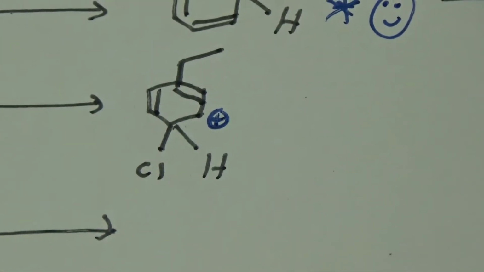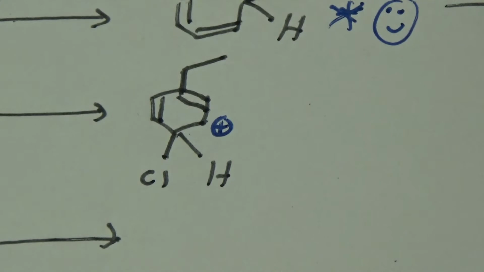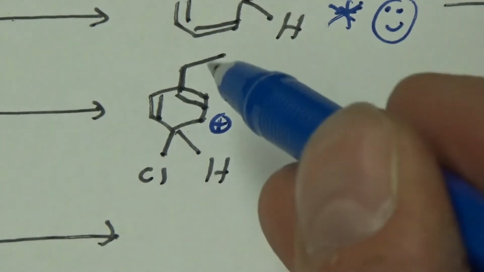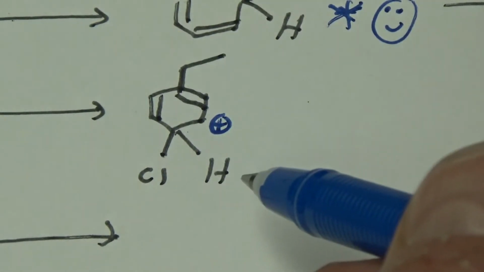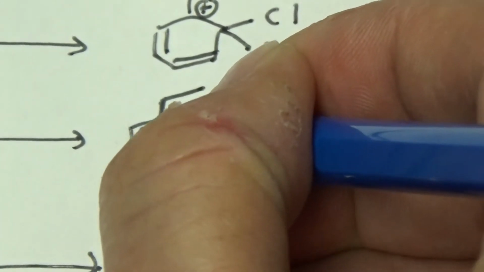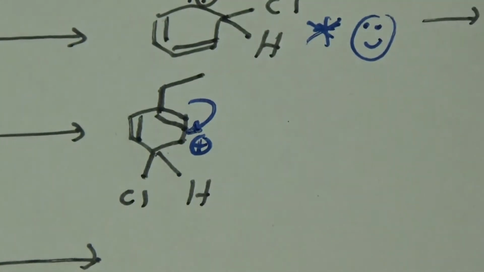Now you ask yourself, is this a happy carbocation or not? Well, it's not totally clear yet, because the plus charge is not next to the ethyl group, which would stabilize it. So you might resonate the double bond to push toward that carbon.